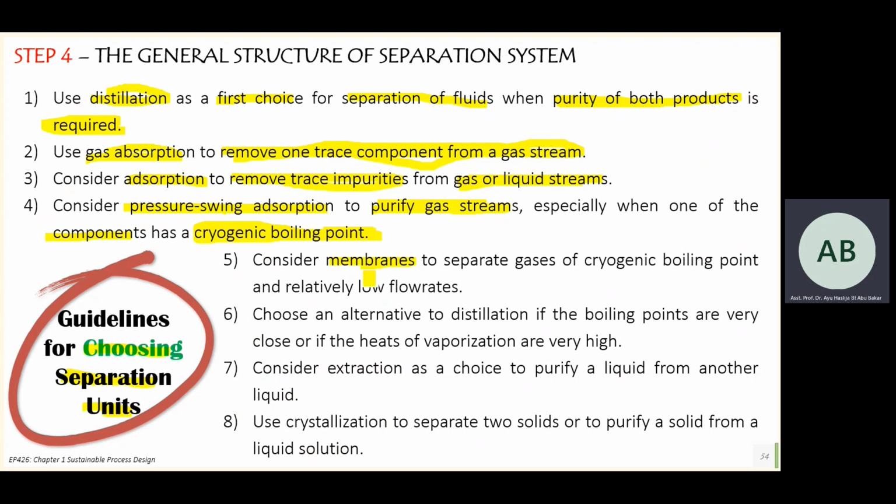Membranes to separate gases of cryogenic boiling point and relatively low flow rates. If you have mixtures of components that have boiling points close or heat of vaporization very high, consider distillation.